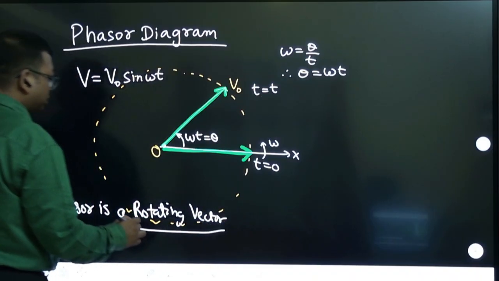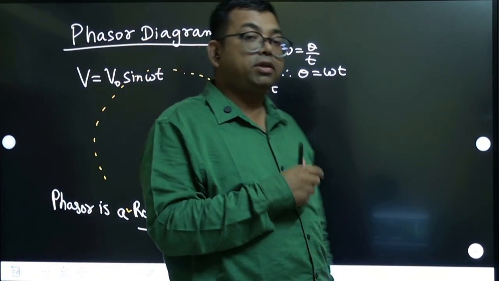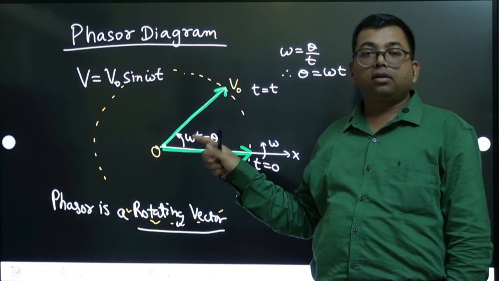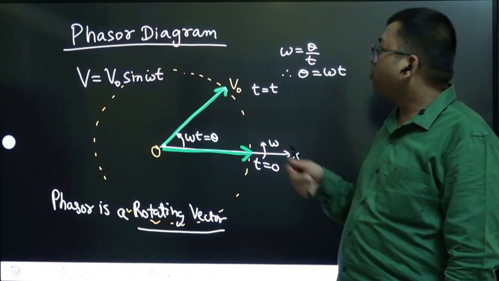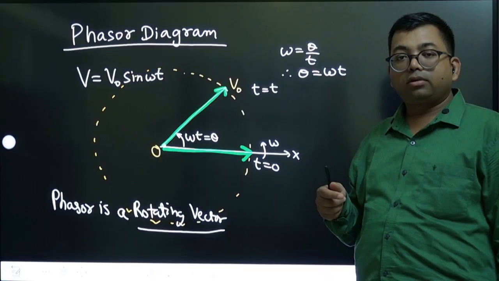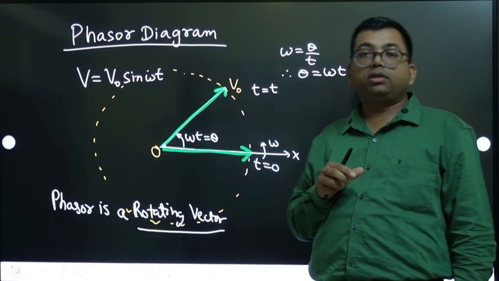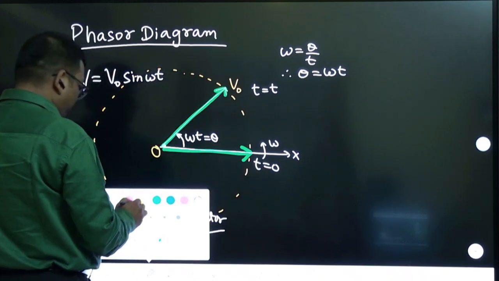But then you will ask, we want V naught sine theta, so what to do with V naught? V naught is the radius of this circle, and this is rotating. V naught represents the peak value, right? Now suppose I drop a perpendicular here.